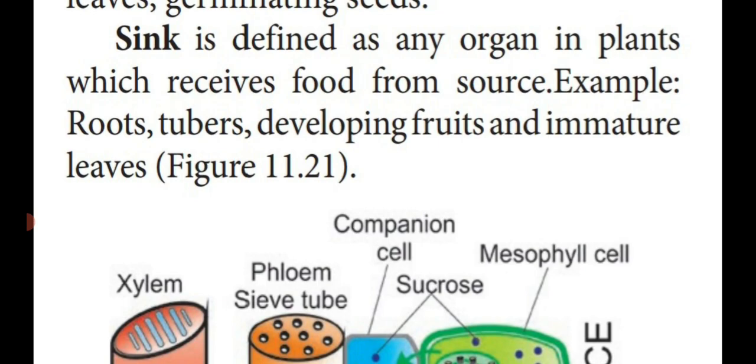Sink means any organ in plants which receives the food material from the source. Example, roots, tubers, developing fruits and immature leaves. Immature means young leaf.